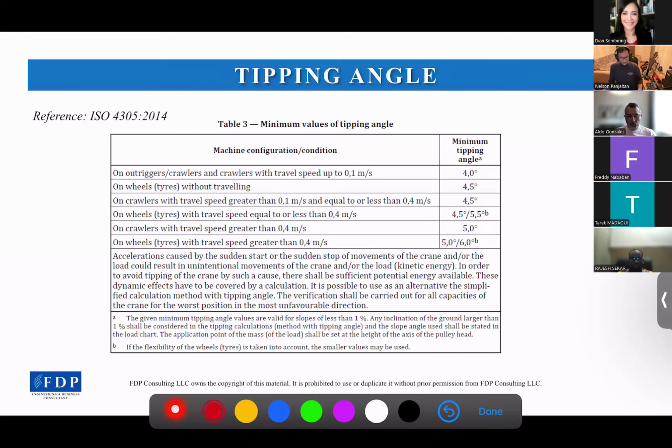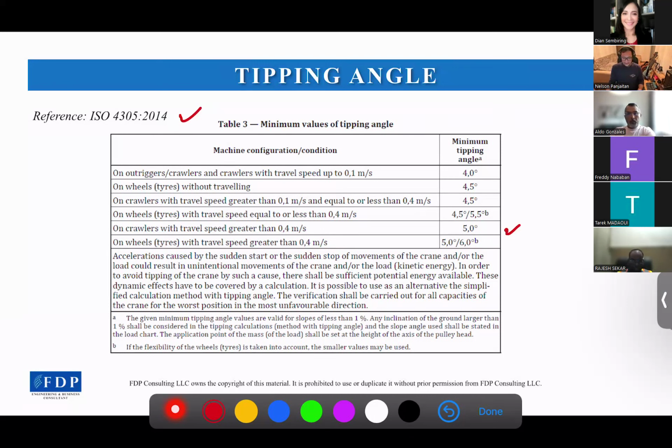Back again, once we have calculated the tipping angle, we can now check the requirement. What is the minimum tipping angle allowed based on the condition during operation? For this case, I'm referring to ISO 4305. These are various minimum requirements of tipping angle shown in table 3. For example, if you want to do lifting with a crawler crane and it will be traveling, you can use a minimum tipping angle of 5 degrees here.